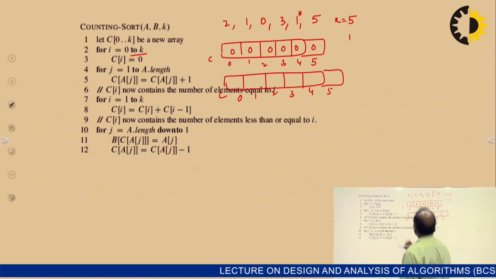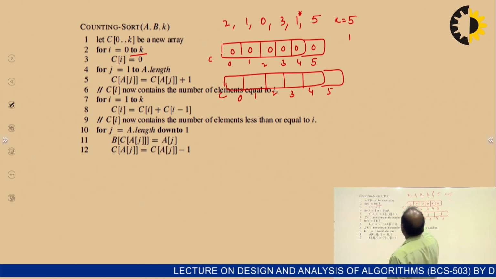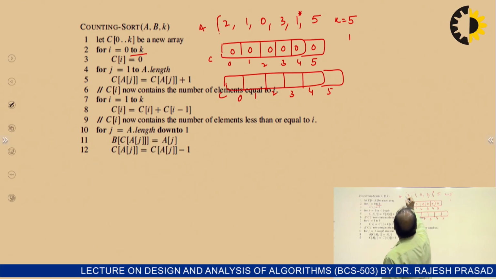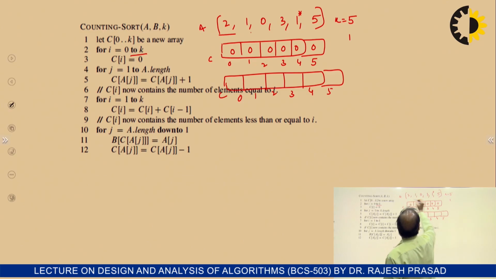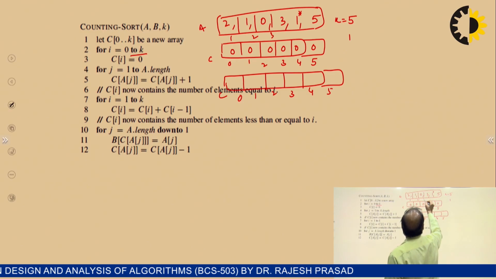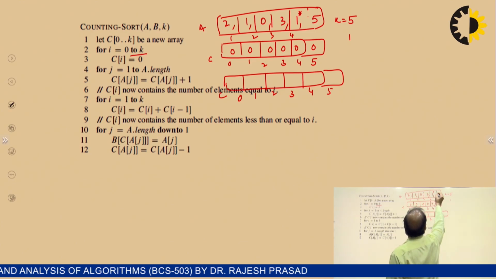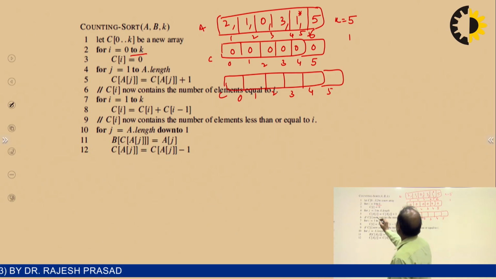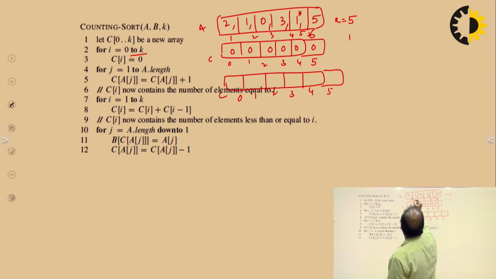Count of 0, count of 1. This is array A, and we are assuming its index from 1, 2, 3, 4, 5 and 6. So we are just counting. Look here, count of 2: how many places is it coming?